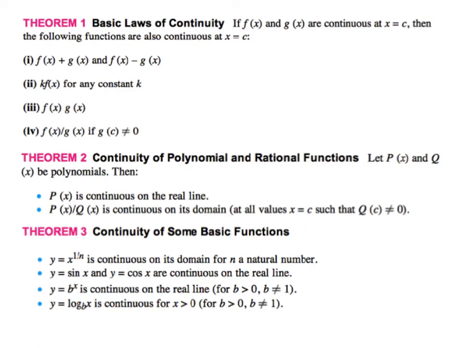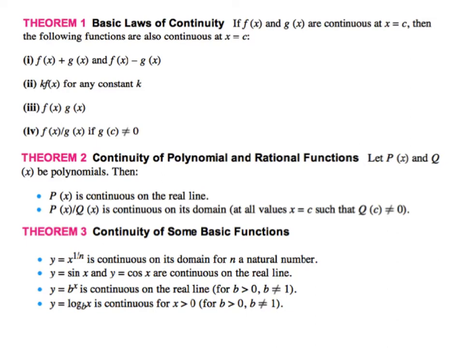Theorem 2 talks about continuity of polynomial and rational functions. So now we're just analyzing domain restrictions that we've seen in the past. A polynomial is continuous on the real number line. A rational function, with two polynomials, numerator and denominator, is continuous on its domain. Obviously the restrictions occur when the denominator is 0, but everywhere else you're fine.